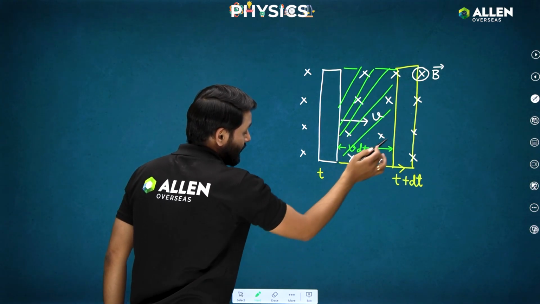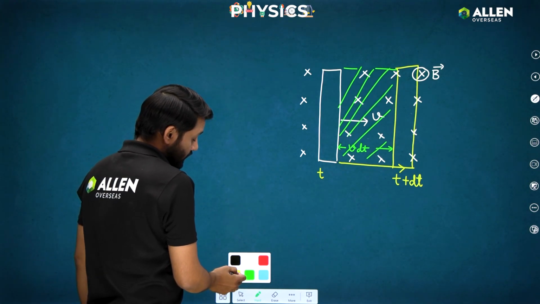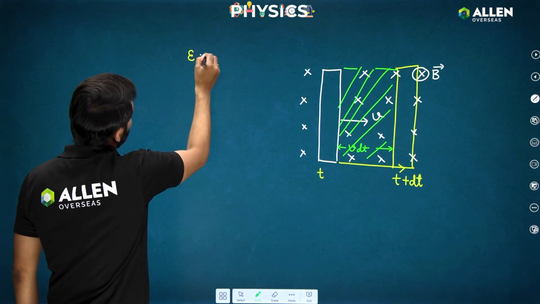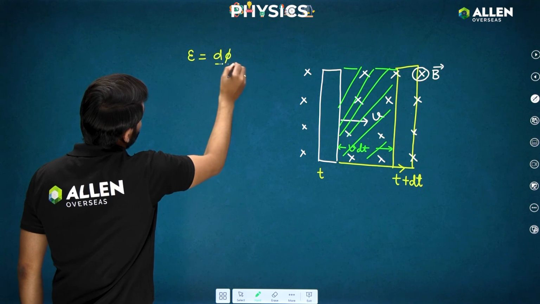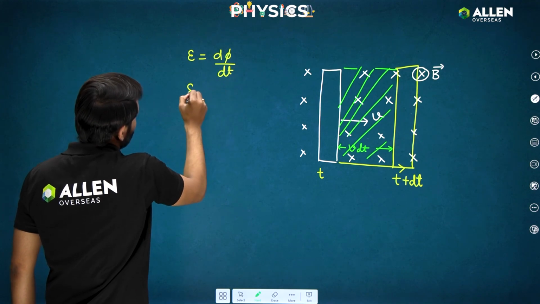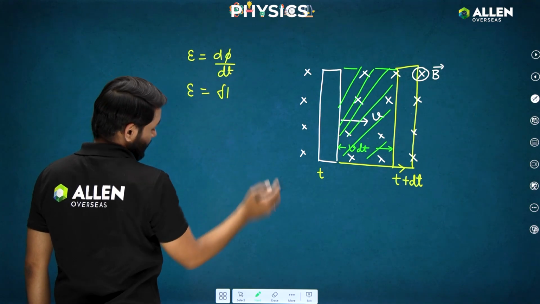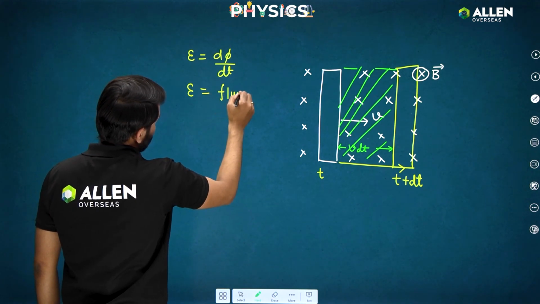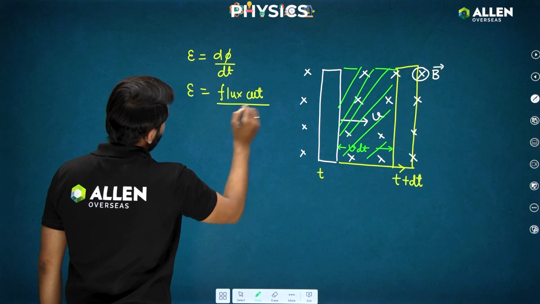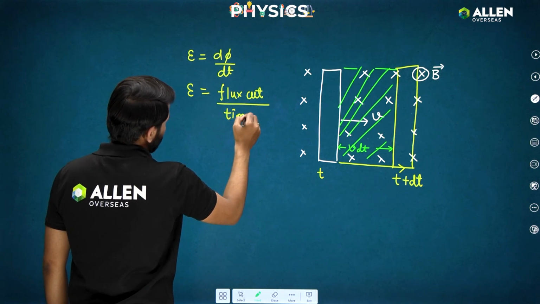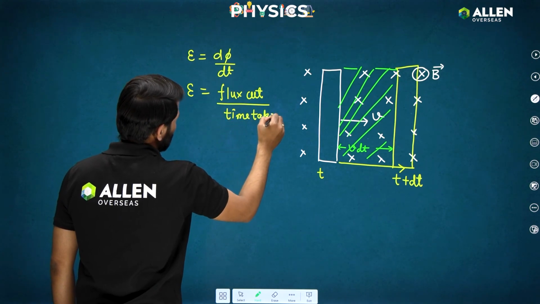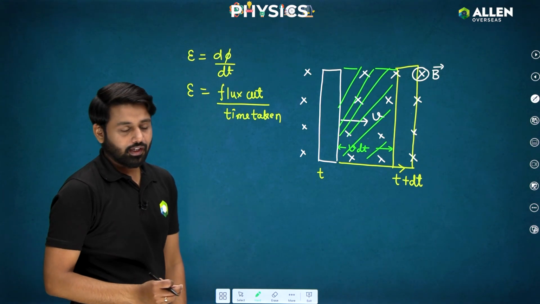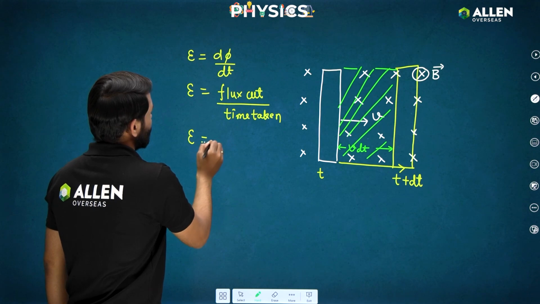According to Faraday's law of electromagnetic induction, we know that E is equal to d phi by dt, and we modified this into flux cut divided by time taken. You must know the formula for magnetic flux, that is B dot A.